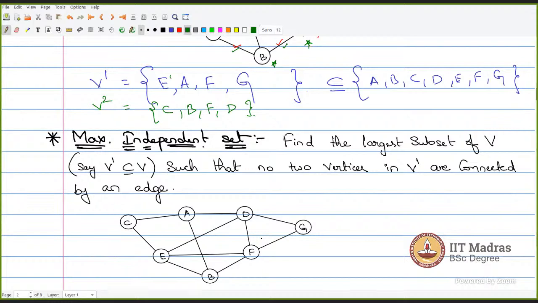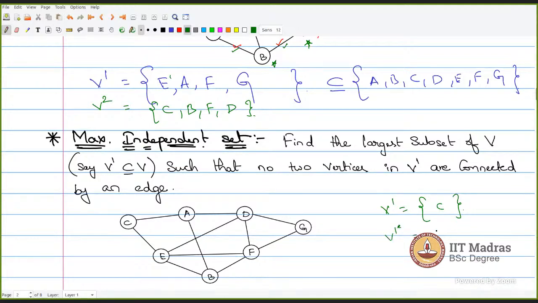Now the optimal situation in this independent set is, we try to find the maximum number of vertices that satisfy this property. So in this graph itself, if I choose only vertex C, it's an independent set. Only one vertex, and that's an independent set.